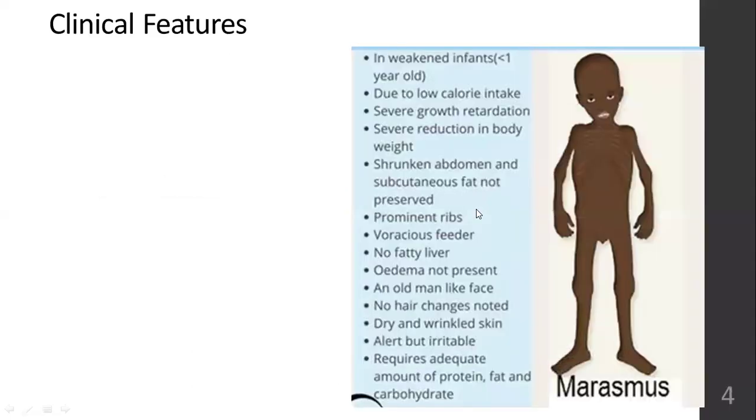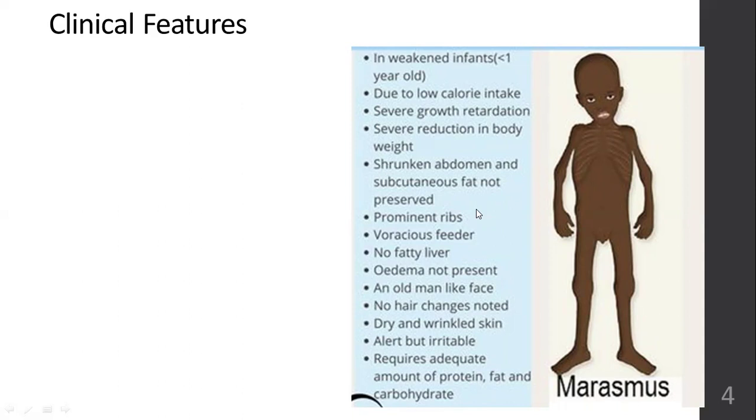So coming to the clinical features, from this, exam questions may come. Clinical features of marasmus and kwashiorkor. You should know exactly what all are the clinical features in these two disease conditions. When it comes to marasmus, it usually happens in children who are less than 1 year of age.